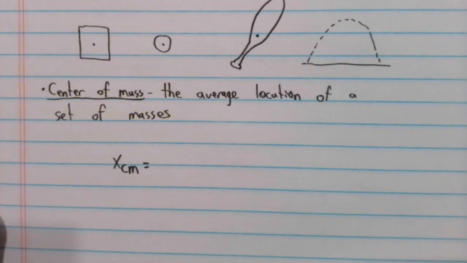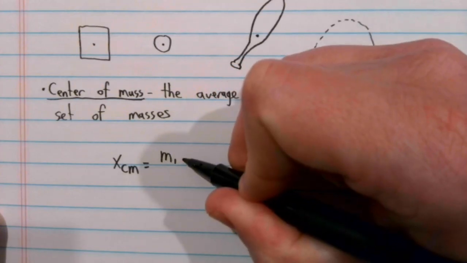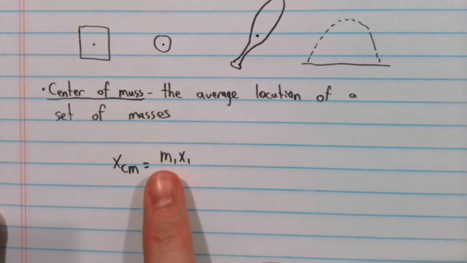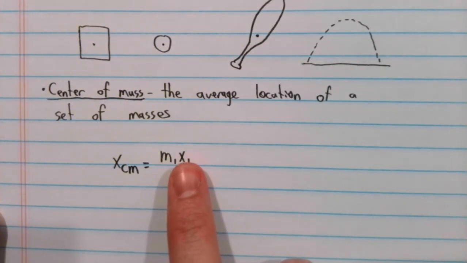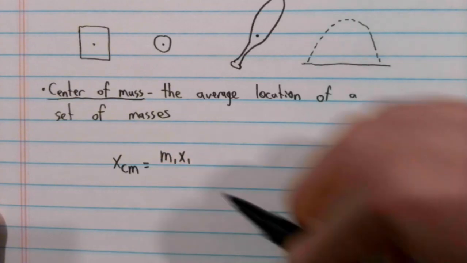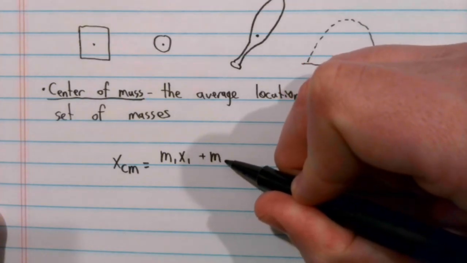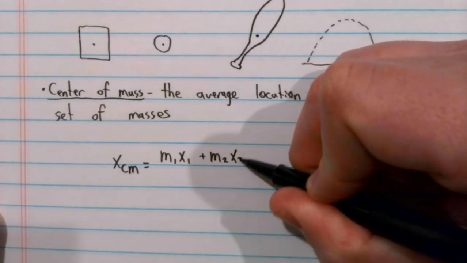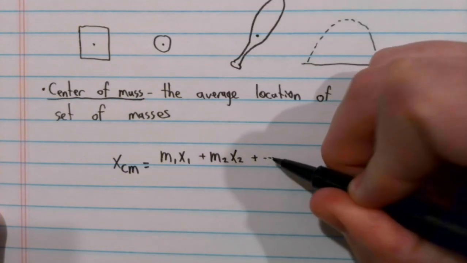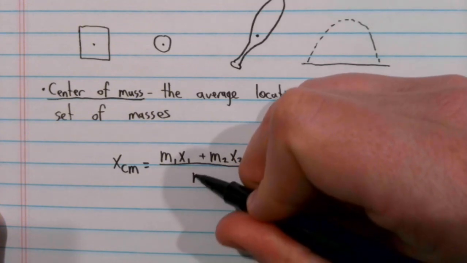So here's how we write it. It's actually the mass times the position. So if I have an object located at x equals 3, we would take the mass of that object times 3. We do that for every object on the line. And we divide it by the total mass.